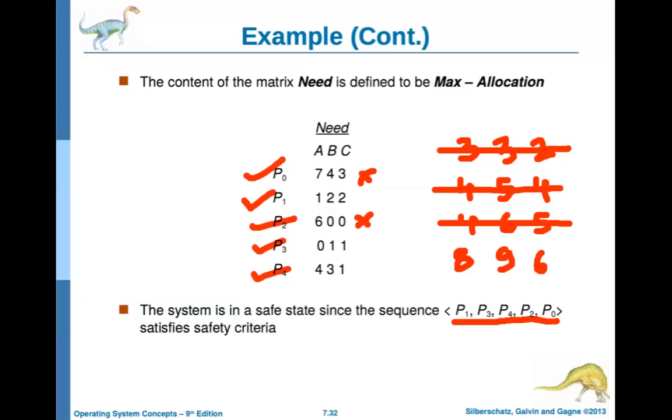Now all the processes have finished. So finish of i is equal to true for all i. For all processes, they can finish their work. That means the system is in a safe state, and this is called a safe sequence.